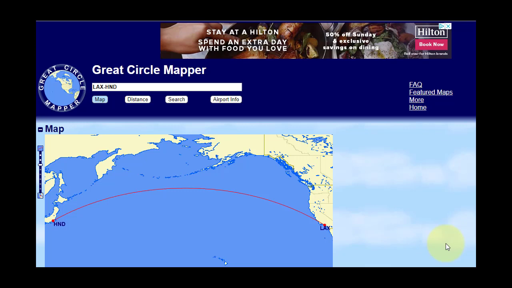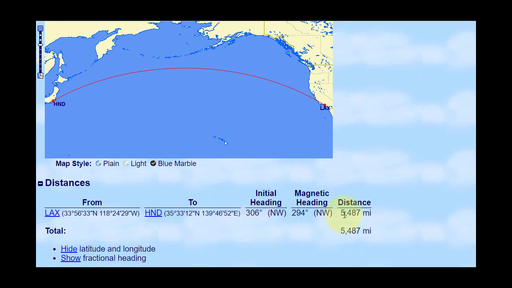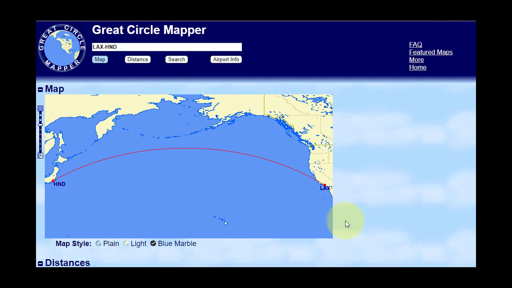So I'm looking here at a website, gcmap.com, Great Circle Mapper, that can show me that path from LA to Tokyo, and I can check to see what it comes up with as a distance. And I feel pretty good. I got a pretty similar answer to what this website has, so I feel pretty confident with my answer.